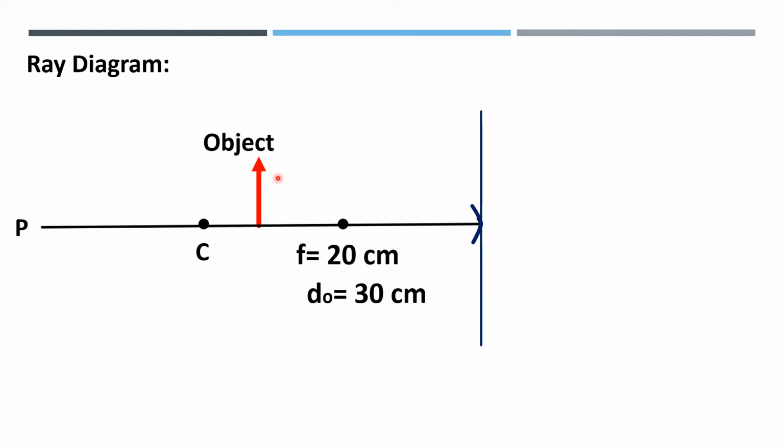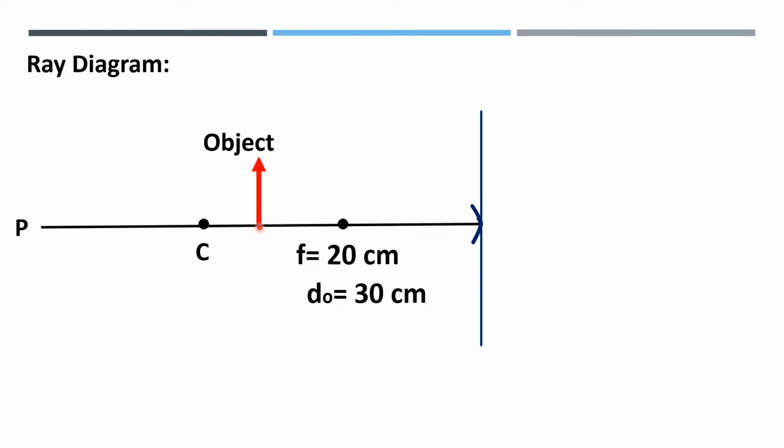Notice how the red arrow is drawn: the tail of the arrow exactly touches the principal axis. And we are here to determine the location of the image of the tip of the arrow. The tip of the arrow is a point, and we would like to determine by the ray tracing method where that point is going to be formed by the concave mirror.